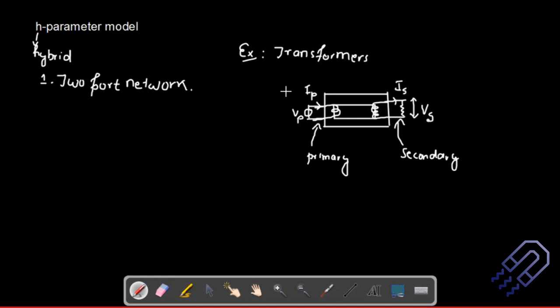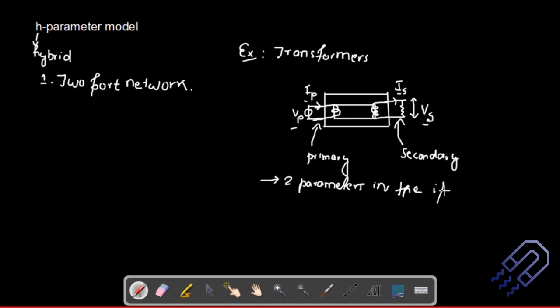So you see on the input, we have two parameters, the current and the voltage. On the output, we have two parameters, the current and the voltage. That's the reason it is called a two-port network. If you think about a transistor, that also does the same thing. It is a two-port network, with two parameters in the input and output.